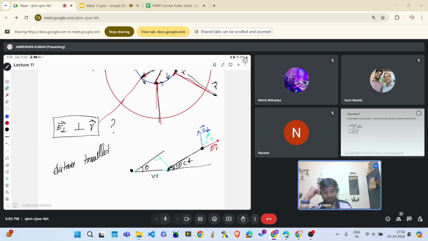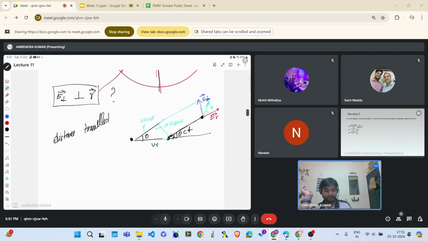That means this is vt cos theta, and sin theta, and extend it. So from this distance, we know that this is vt sin theta.